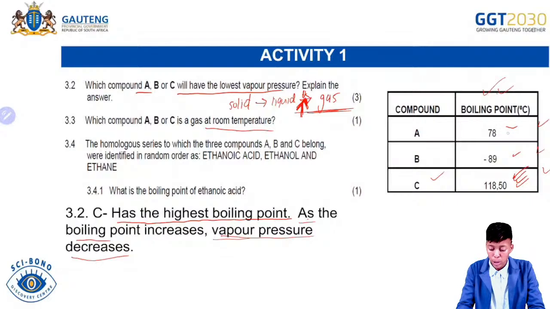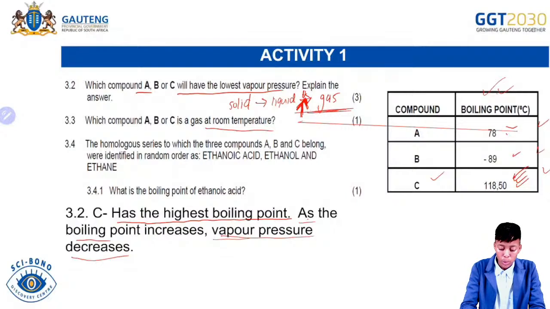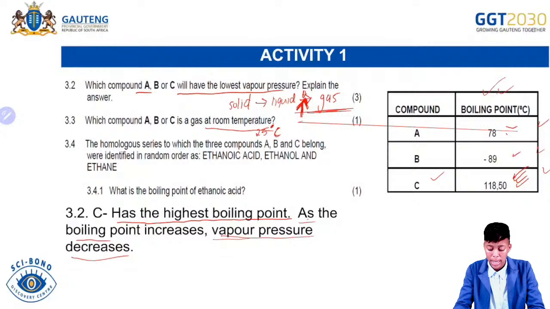So we need to look at all of these temperatures for option A, option B, and option C to say which one after boiling can therefore become a gas at room temperature. And what is that room temperature? We said room temperature will be about 25 degrees.